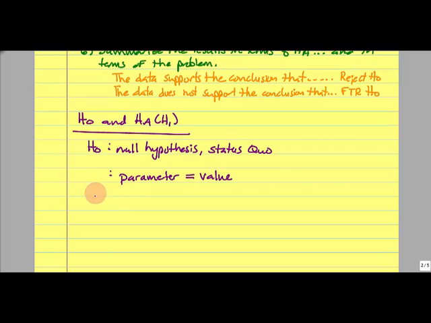So some examples for some null hypotheses then would be something like mu, our population mean, equals 12. Another example could be H0, population proportion equals 0.56. Another example would be my null hypothesis, my population standard deviation is less than 1. So these are all examples of a null hypothesis.